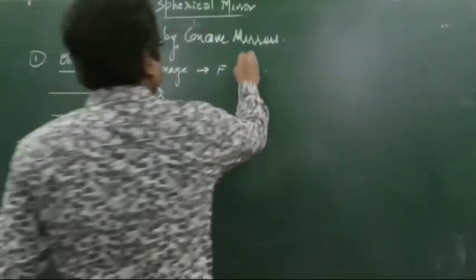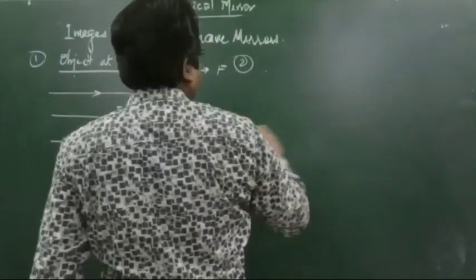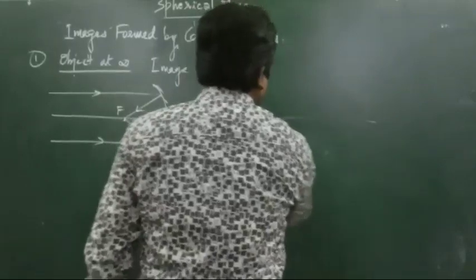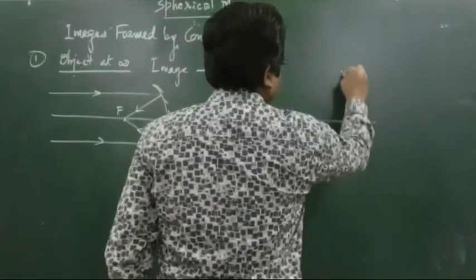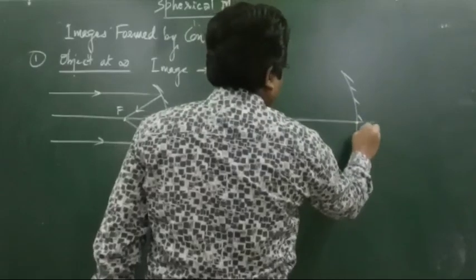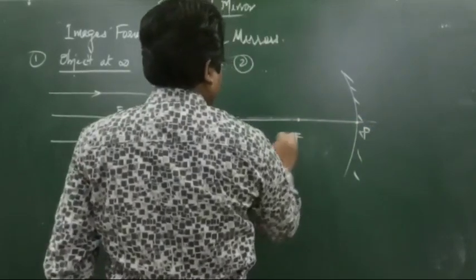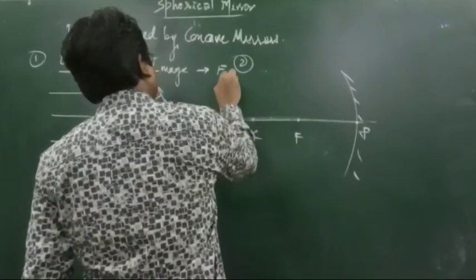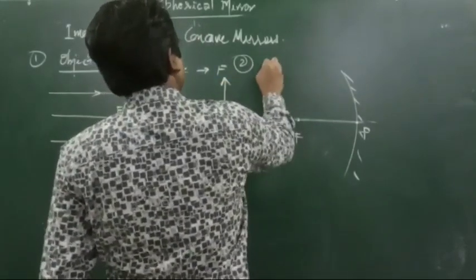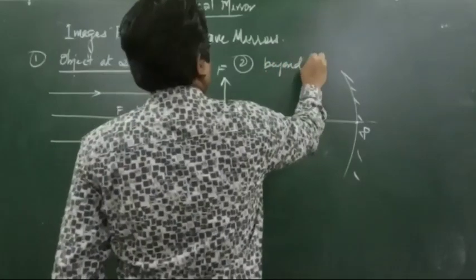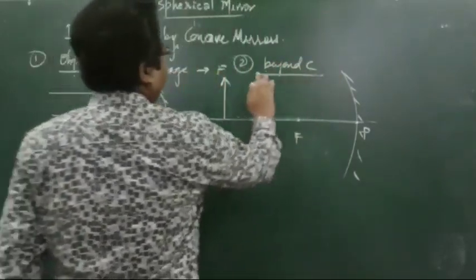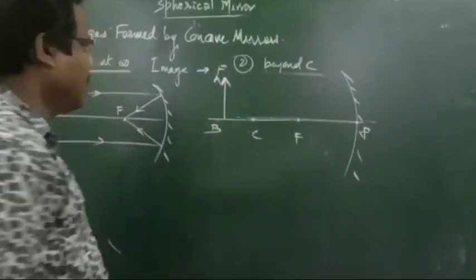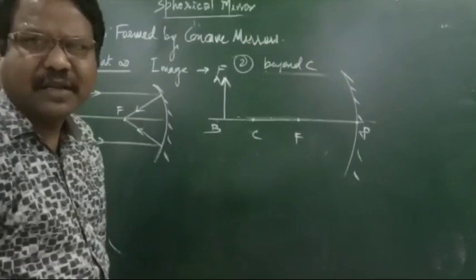Now the second one, if I keep the object beyond the center of curvature. You have this concave mirror pole, and here's the focus, and here's the center of curvature. Now this time I am keeping this object beyond C. This is the object AB. What will happen? How can you form the images? Rules are there.